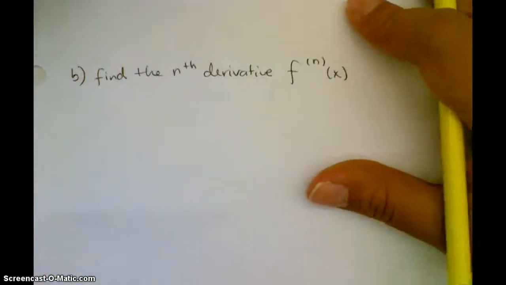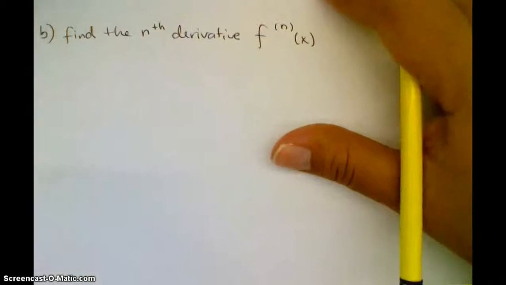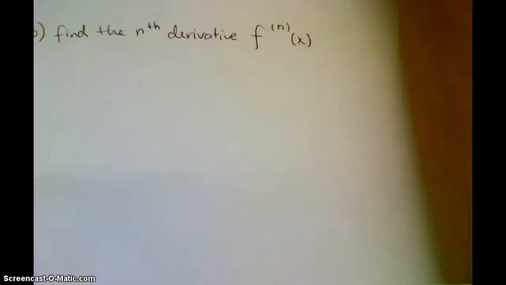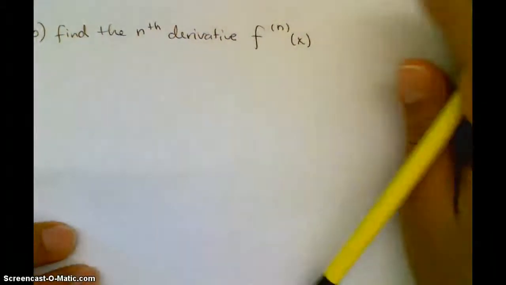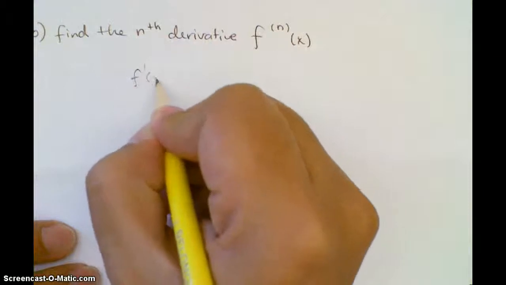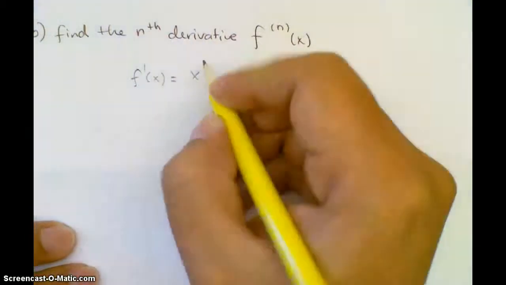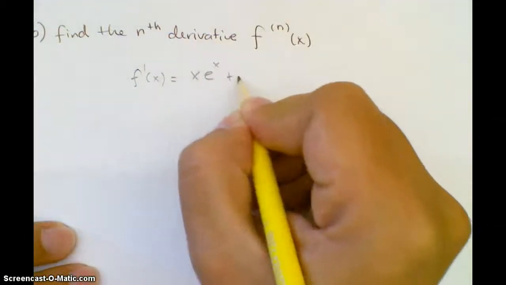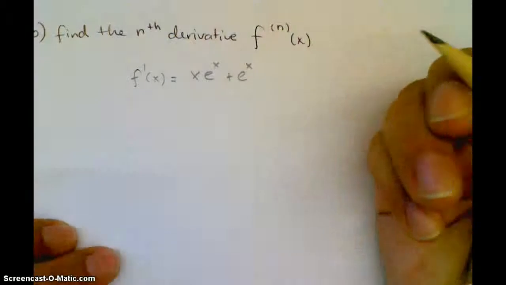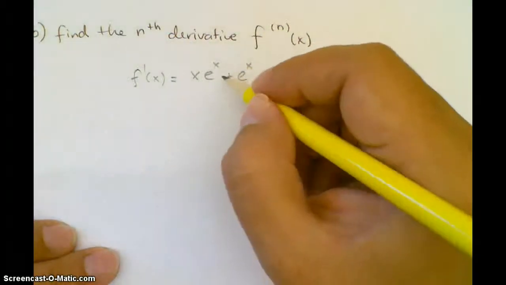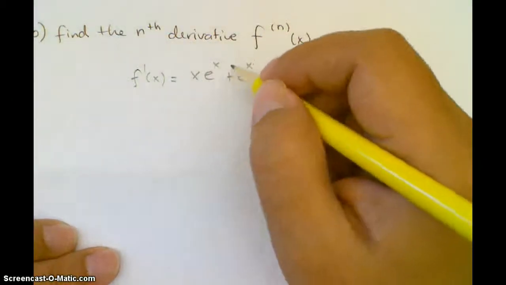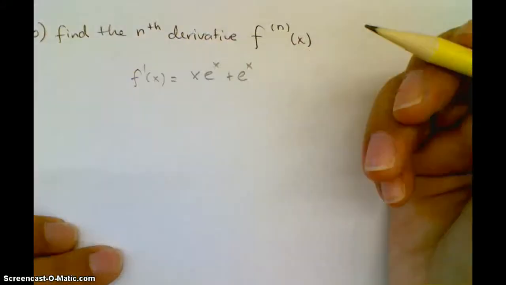Now, in part B of example 1, it says, find the nth derivative of f. So, I don't know if you notice, f prime of x equals x e to the x plus e to the x. When we take the derivative with respect to e to the x, it kind of never goes away.